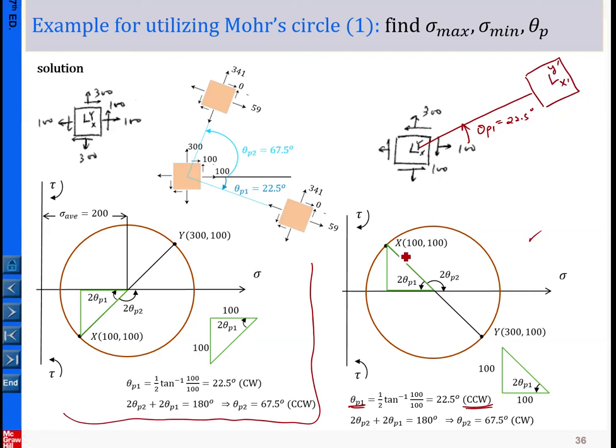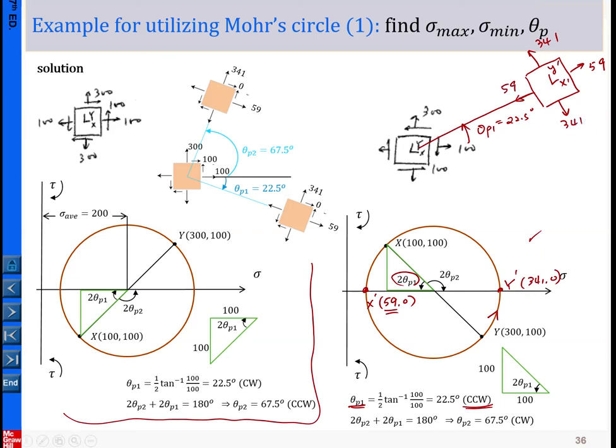Sigma p1 is here, so this is our x prime, 59, 0, and this is our y prime, 341, 0. So x prime is 59, and y prime is 341. That should be for this case.